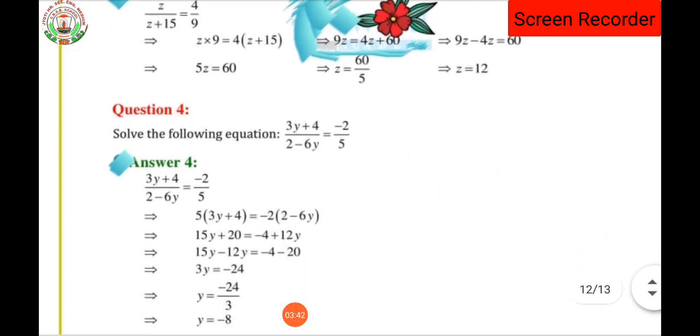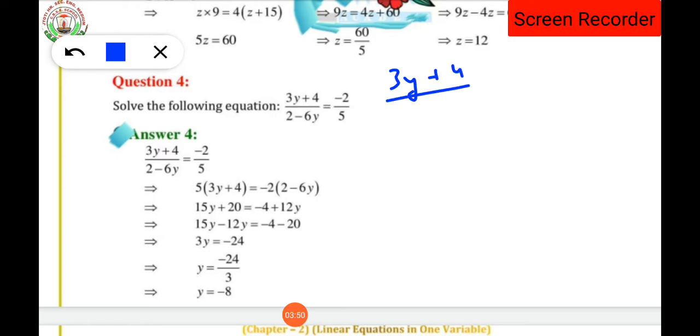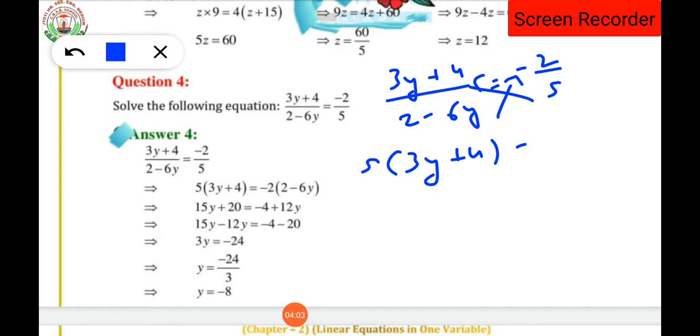Clear everyone? Have you understood up to here? Now next question we are having this. Here (3y plus 4) upon (2 minus 6y) is equal to minus 2 by 5. So this will be cross multiplied like this. So 5 into (3y plus 4) is equal to minus 2 multiplied with the denominator (2 minus 6y).